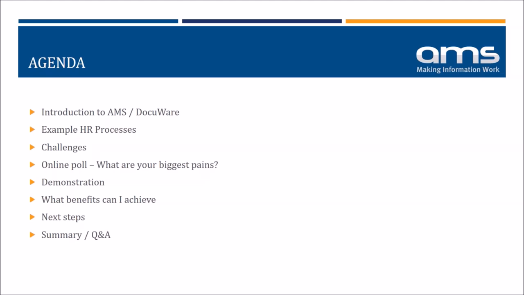Then what I'd love to do is go through and get your opinion on your biggest issues and concerns with your current processes or current job role, or maybe just generally in your HR department, and there is an online poll to do that. Neil will then jump on and go through a demonstration of the software. I'll then come back and go through some of the benefits that we can see with the DocUAir solution working within HR and some of the HR processes.